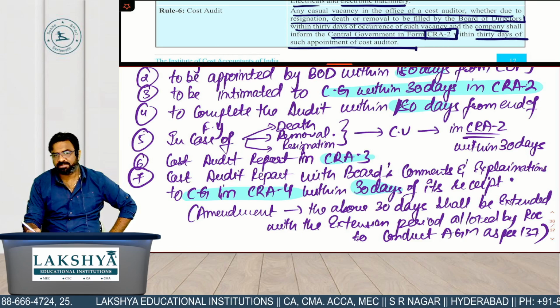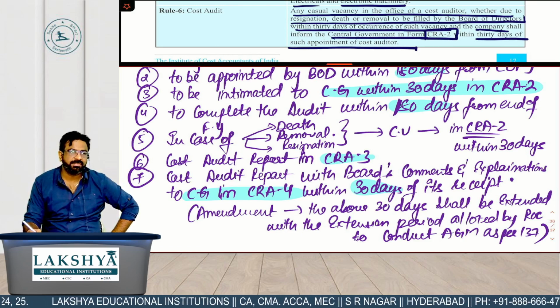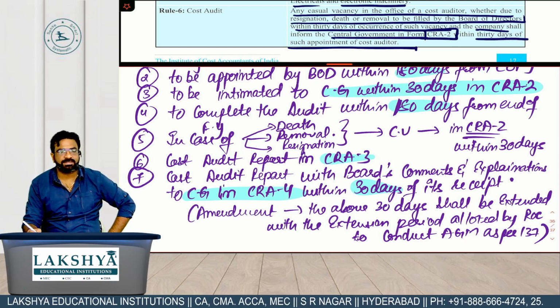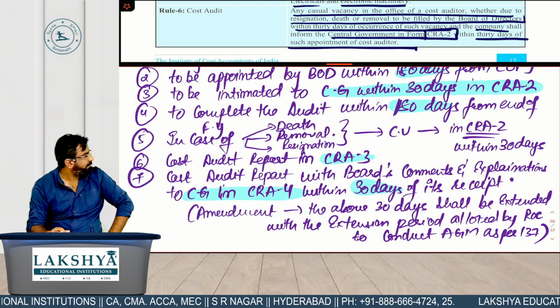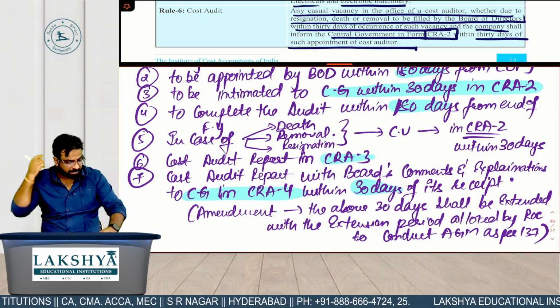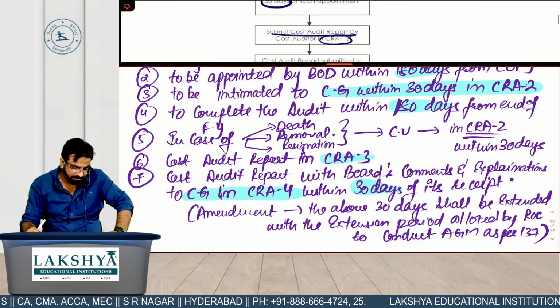Correct? So if your AGM is not conducted, whatever the extension, that extension will be added to 30 days. Clear? So this is what brings an end to your sixth rule, that is called cost audit rule.